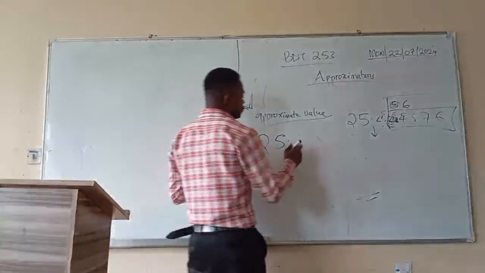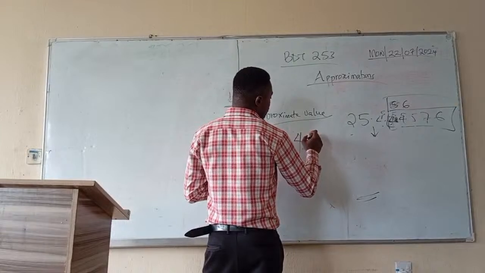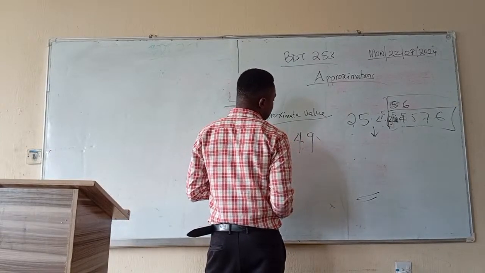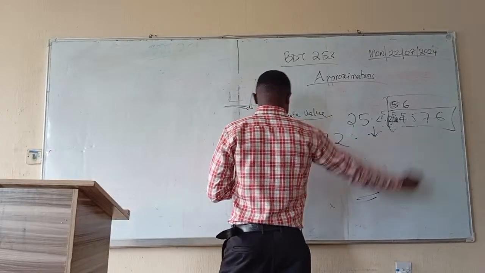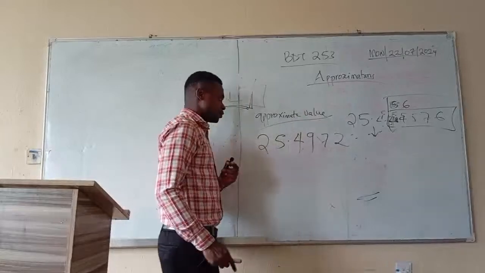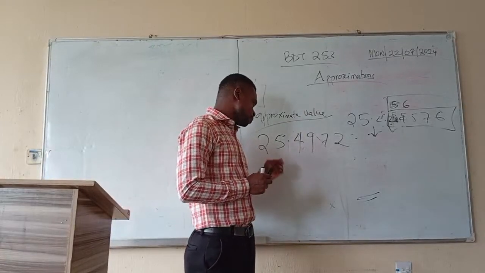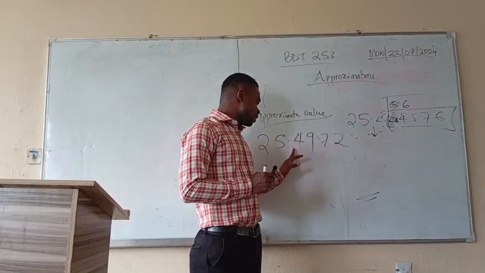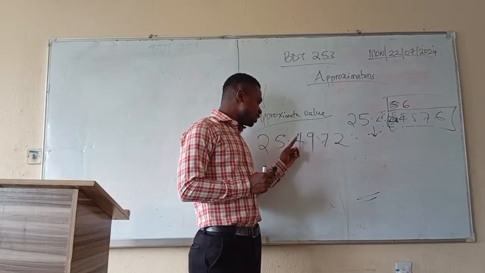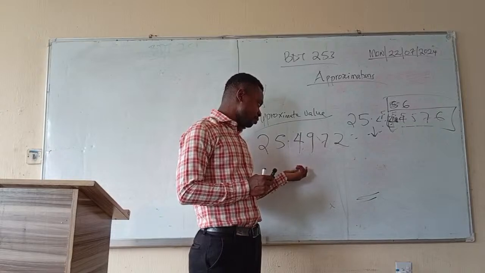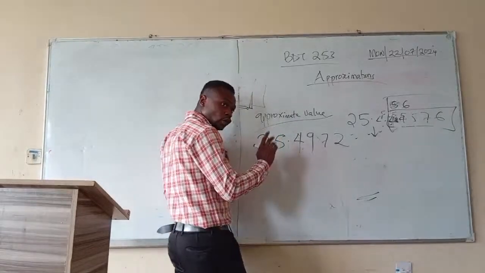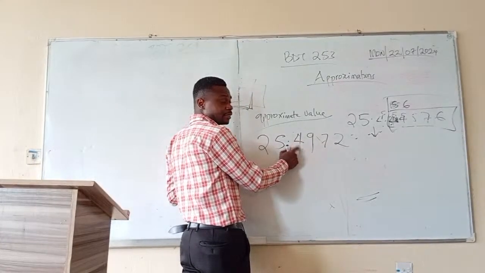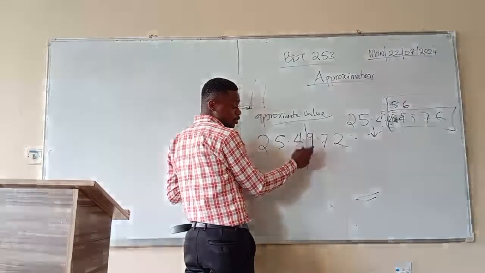So if you have 25.49 and so on, and you are told to round it to one decimal place, this digit here is up to 5, right?